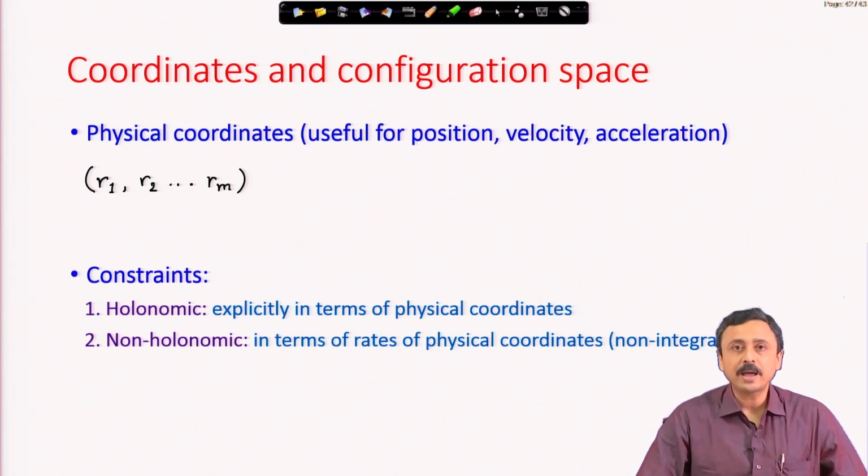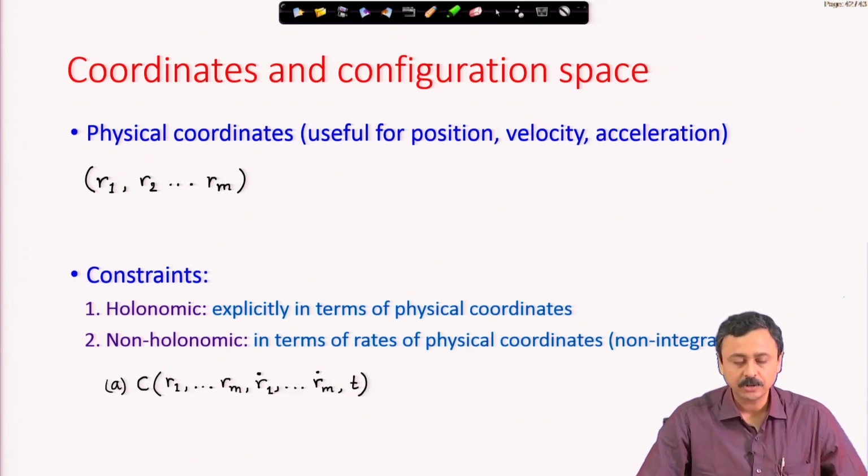We cannot get back to a holonomic constraint, only then it is a non-holonomic constraint. We cannot integrate it and write it in terms of the physical coordinates themselves. We cannot get rid of the time rates of the physical coordinates.